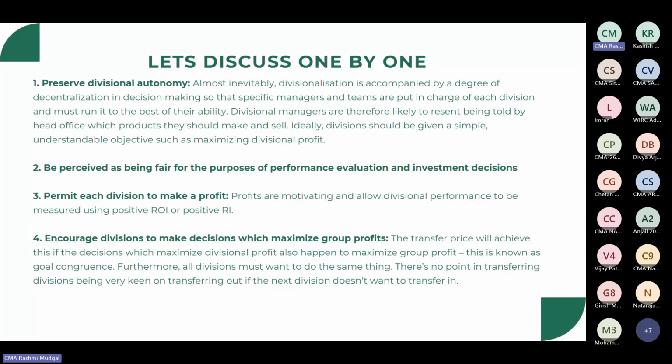Divisional managers are therefore likely to resent being told by head office which product they should make or sell, but ideally, divisions should be given a simple, understandable objective such as maximizing divisional profit. So if they are given this profit maximization target, they will always end up making more profit.